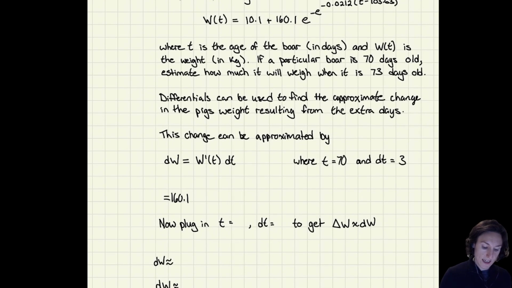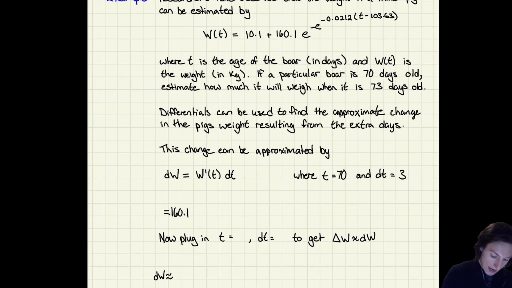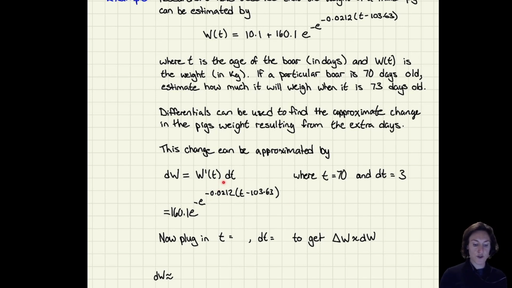It's still just an exponential, so we're going to rewrite what we have: e to the power of negative e to the power of negative 0.0212 times (t minus 103.63). When you're doing derivative rules, you rewrite what you have, and then you take the derivative of the thing in the exponential.